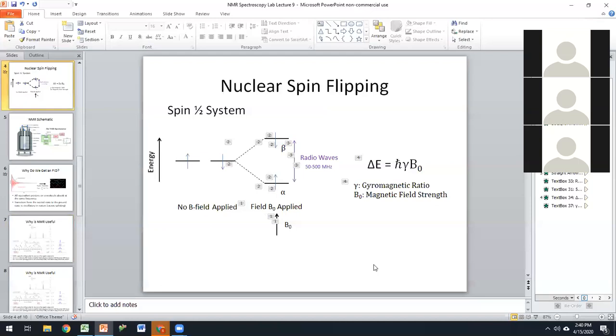If you're getting ratios of everything being 1, that makes sense if there's a strong B field applied, because everything wants to be in the ground state and everything's alpha. However, there is free energy around, so some of it can absorb and flip a spin, but it's just less likely. So it really depends on how big this energy splitting is, which depends on how strong the B field is. I'd have to look at the numbers to tell you exactly.